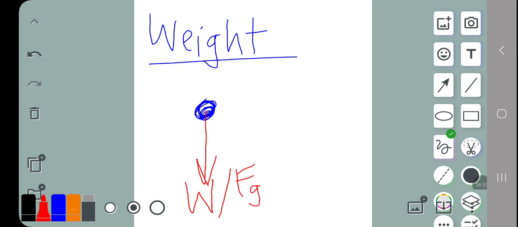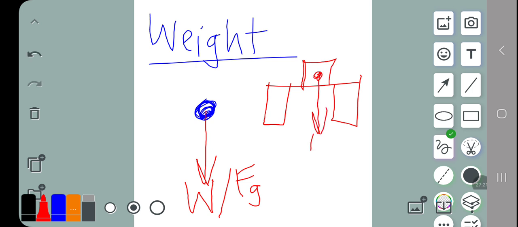So you must know, guys, weight is exerted downwards to the ground. Your force must be directed down to the ground or to the earth. Weight is exerted on all objects, whether it's moving in the air, or even if your object is on the table, on the surface, we still experience our weight.